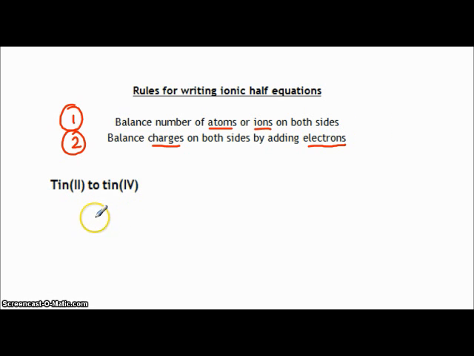So let's have a look at this particular half equation. Tin 2, that 2 tells us its charge. So we've got tin is Sn, and it's 2 plus, and it goes to form tin 4, so Sn 4 plus on this side. So our first rule says balance the number of atoms or ions.